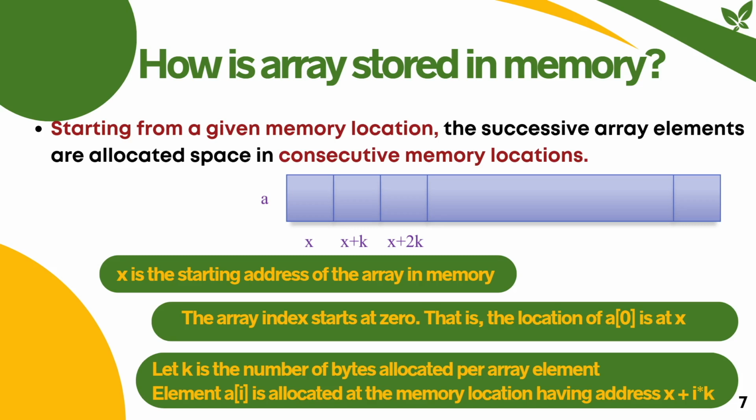And when I look at the positioning of elements, the first element would be at position x, the next element would be at position x plus k, where k is 4 in my case, and the subsequent elements will be at x plus I into k, where I denotes the position. So, the second element is available at x plus 2k, third element at x plus 3k. Likewise, we will have all the elements positioned at x plus I into k.